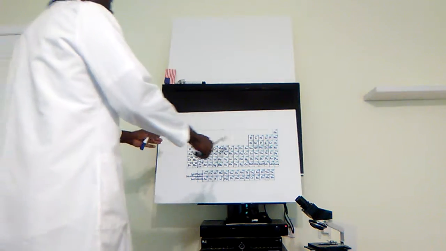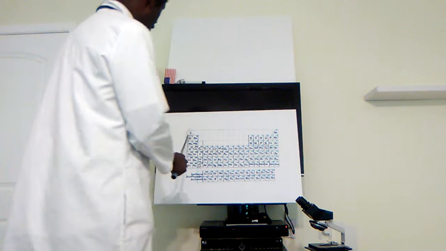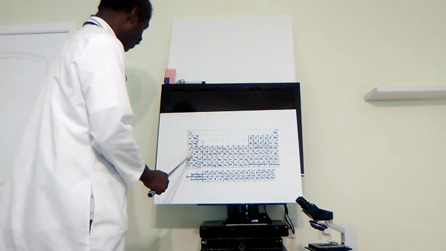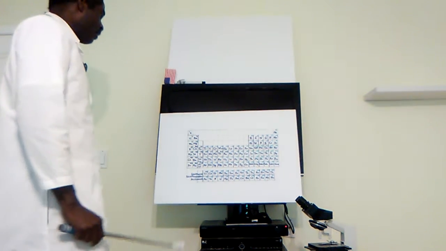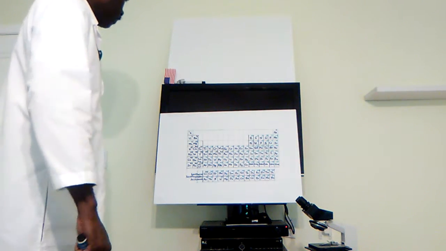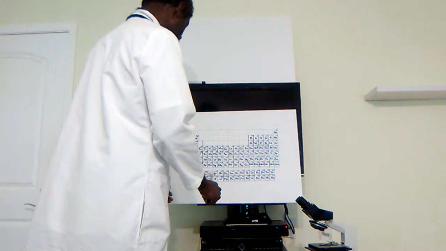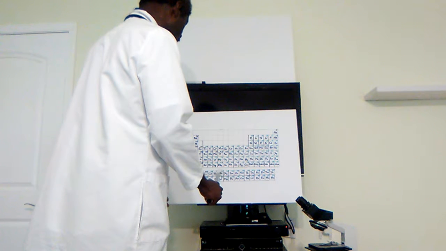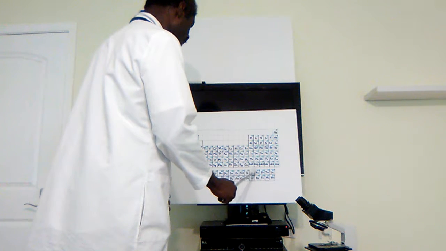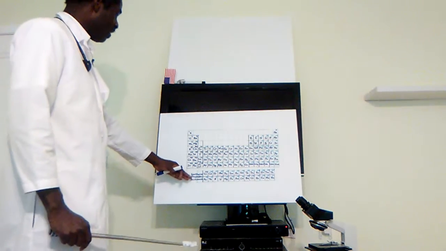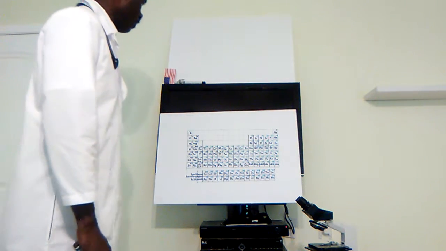Now the periodic table is an extension of a 5x12 matrix, and if you count here, we have 1, 2, 3, 4, 5, 6, 7 by about 18 across. So it's a 7 cross 18 matrix, and if you do a little separation here, you have a 2 by 14 for the lanthanides and the actinides series.